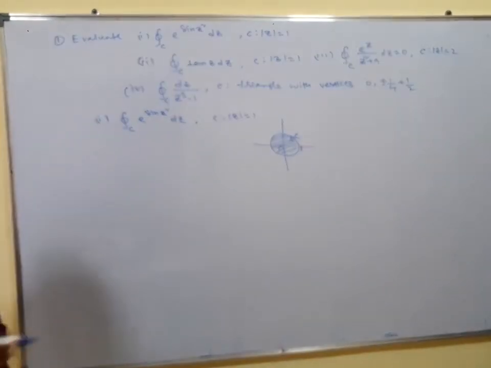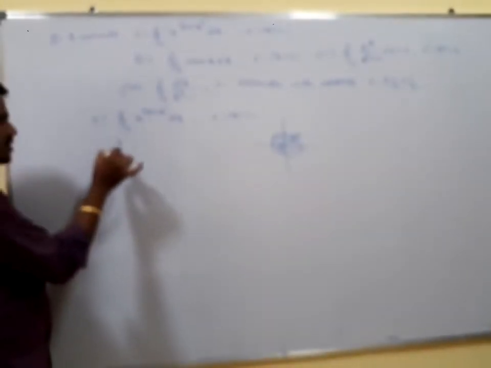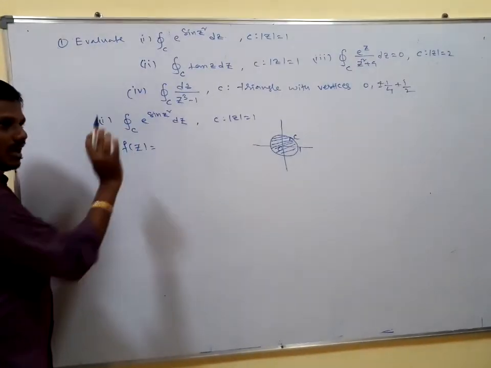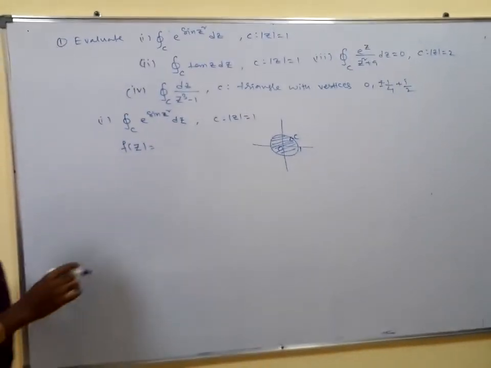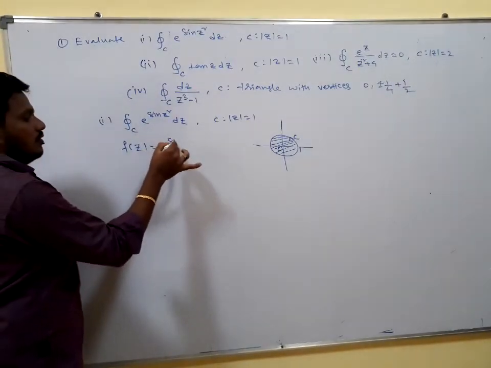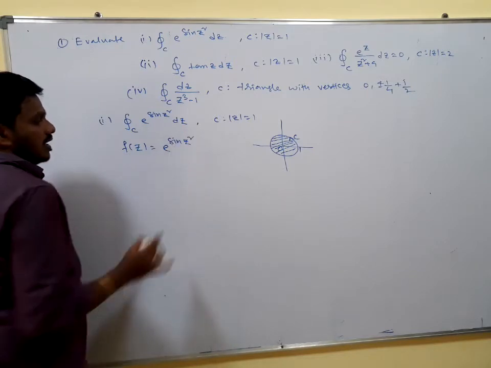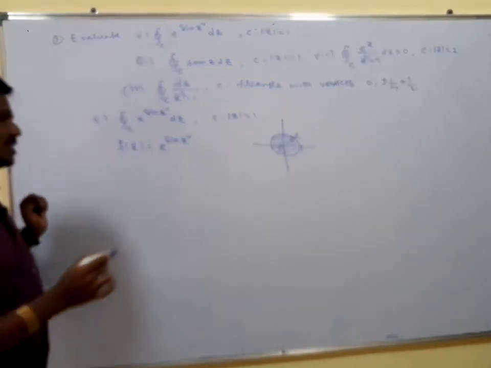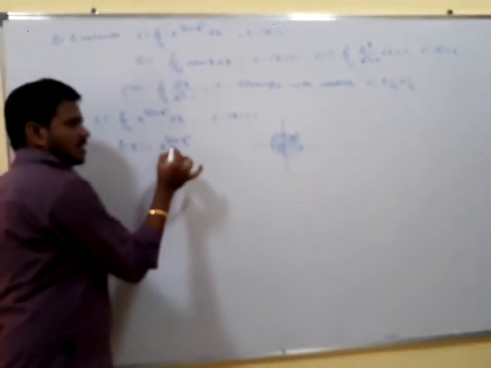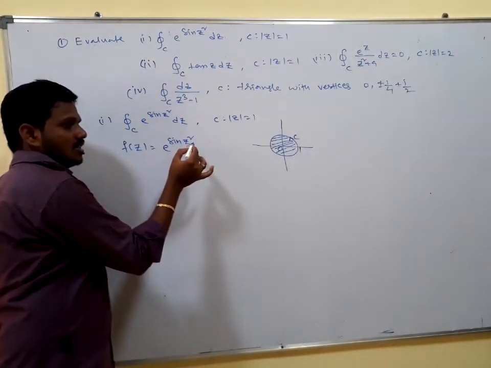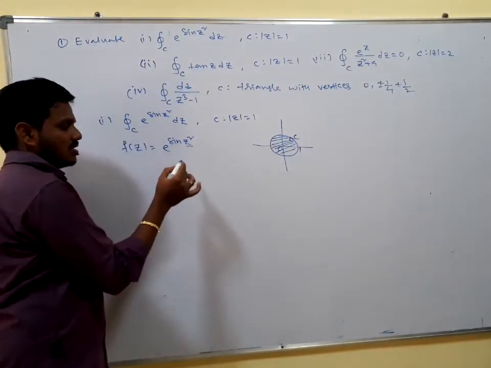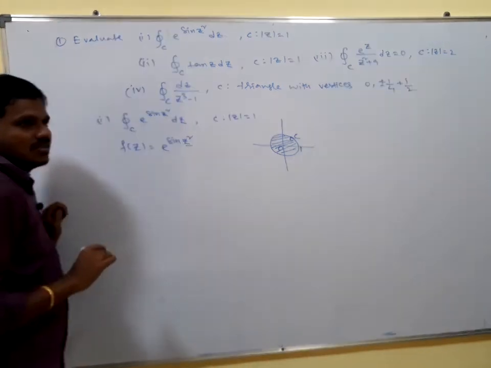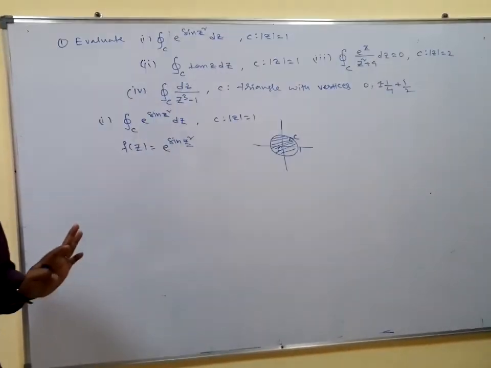Okay. Now f of z is equal to e to the power of sin z square. I am going to apply Cauchy's integral theorem or Cauchy-Goursat theorem for this problem. Here it is e to the power of sin z square, consisting of the z square function, the sine function and the exponential function. You know that z square is continuous everywhere and analytic everywhere.